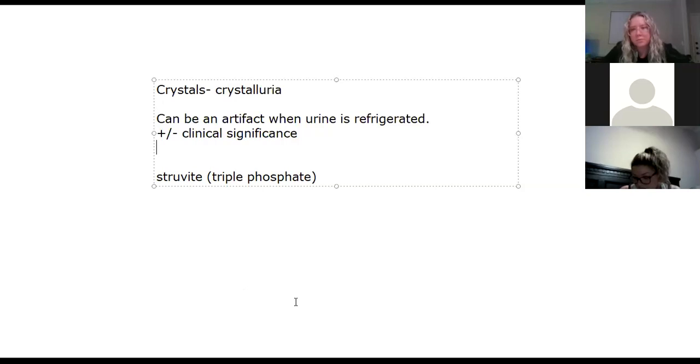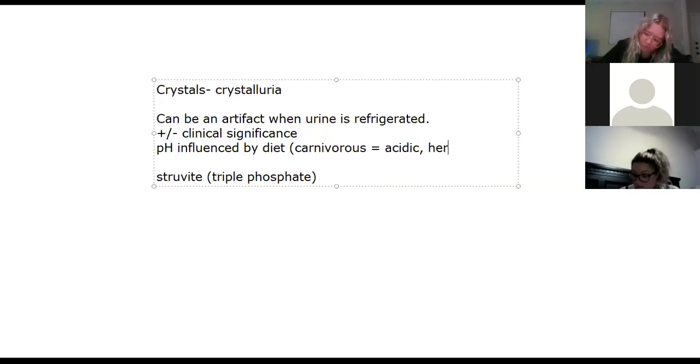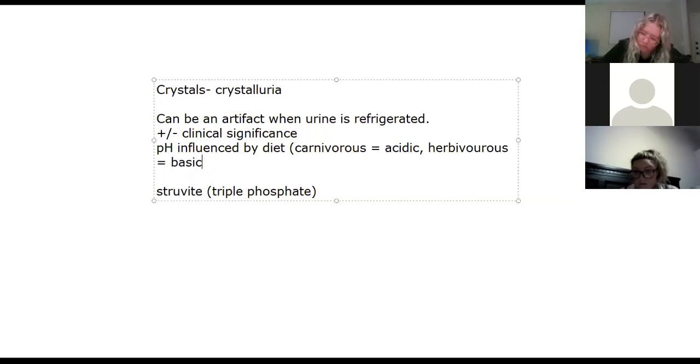So pH is influenced by the diet, and pH and diet will influence the crystal formation. Carnivorous is acidic, herbivorous is going to be basic.